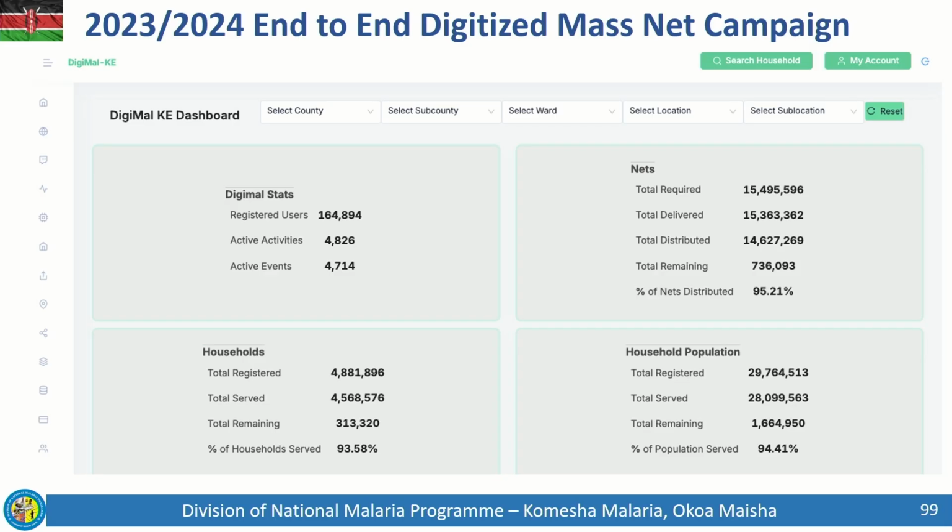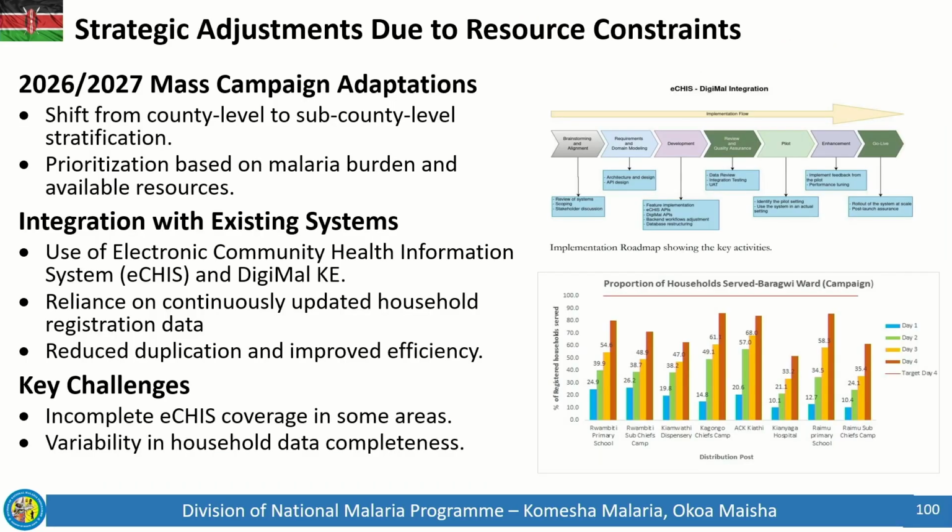And for this, we have a reference point of this data set existing, meaning we can still have these households for the next campaign. And then we could also tell what the gaps were that we needed to address from this campaign. And for this now, the question was, what other strategic adjustments do we need to make as a country?